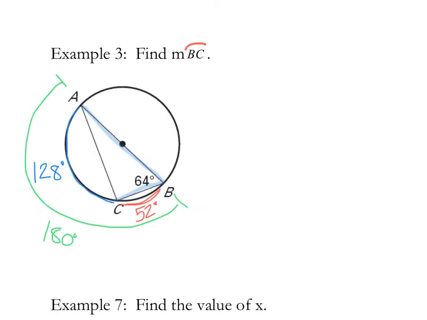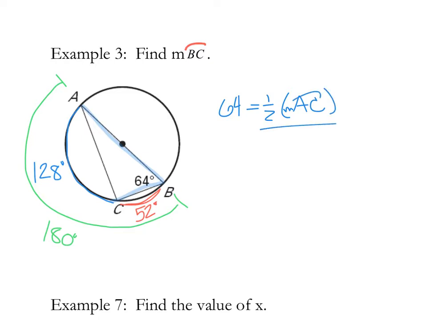Alright, we're first going to go over the first one. So if you see AB is a diameter, so I put that in green, I know that the arc ACB is 180 degrees. Now I also know that angle B is 64. So my angle, 64, equals 1/2 times the measure of AC.